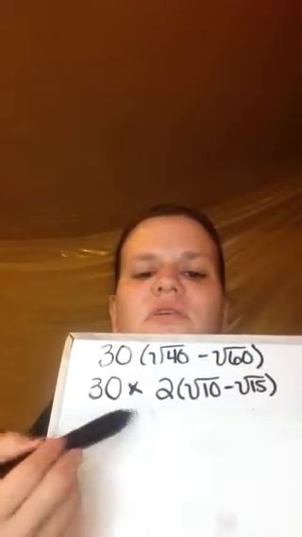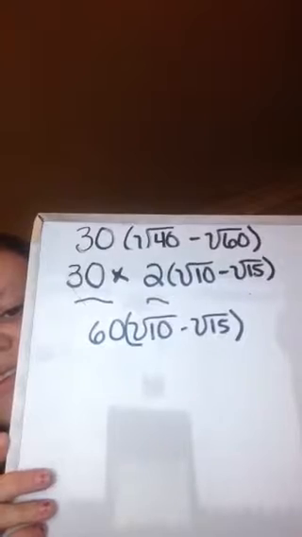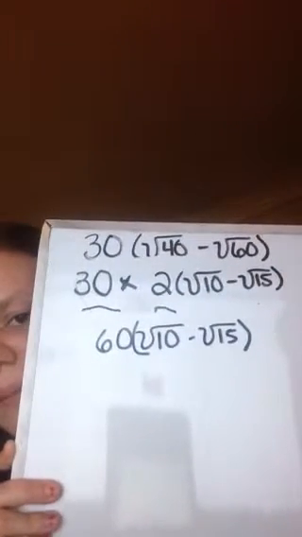We're only worried about the numbers out in front, the 2 and the 30. So when we multiply 2 times 30, we get 60. We already know we simplified everything that was underneath of there. So our final answer is 60 times the square root of 10 minus the square root of 15.